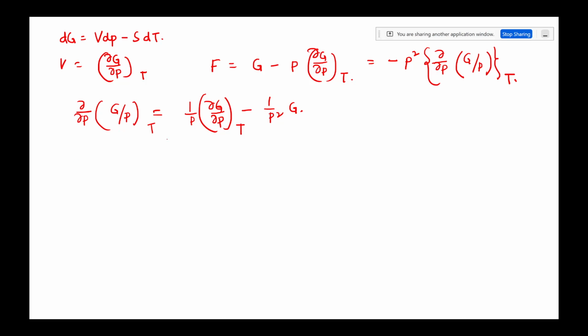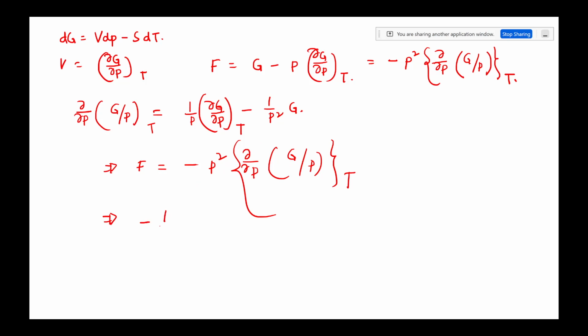So if that is the case, then we can write F is minus P square del/del P of G by P at T. Now if P square in this direction, we can write minus 1 by P square dP, this total thing.